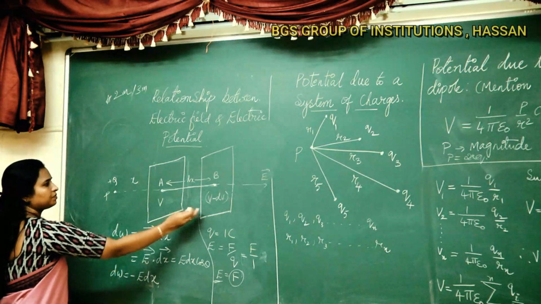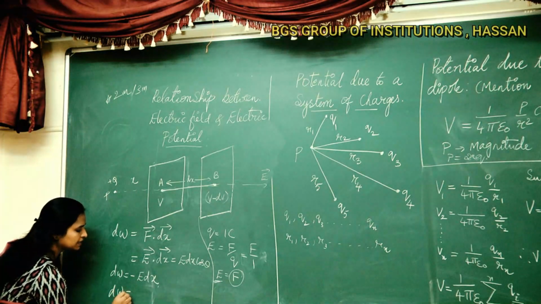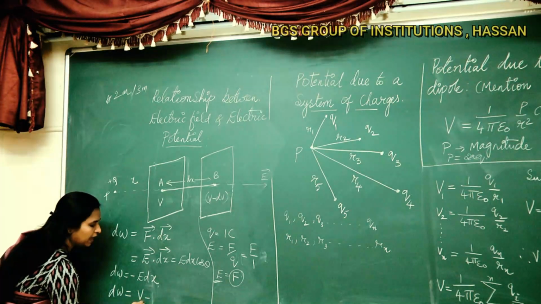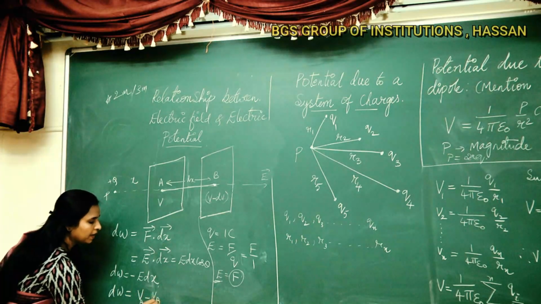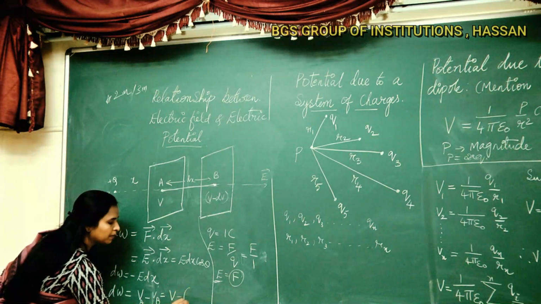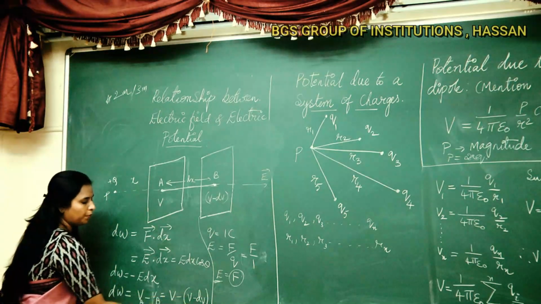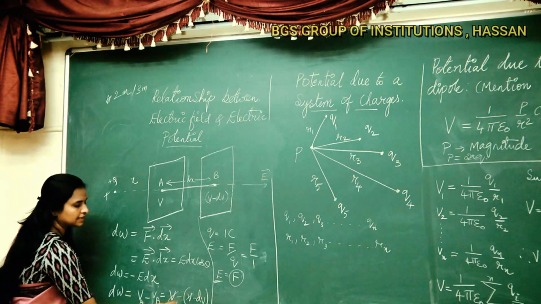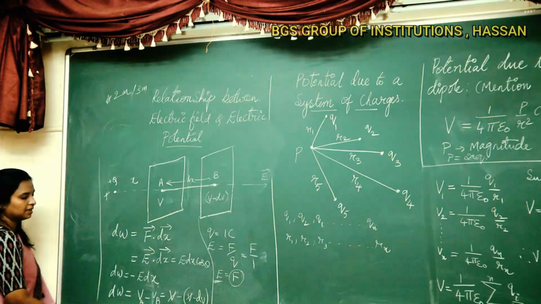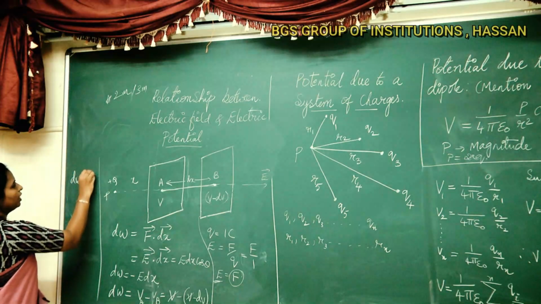Now how do you calculate the work done? We have already done it in the previous class. dW is equal to VA minus VB. And how do you calculate it? VA is V, VB is V minus dV. If you open the bracket, then V and V get cancelled, minus of minus is dV. Then you can write dW is equal to dV.